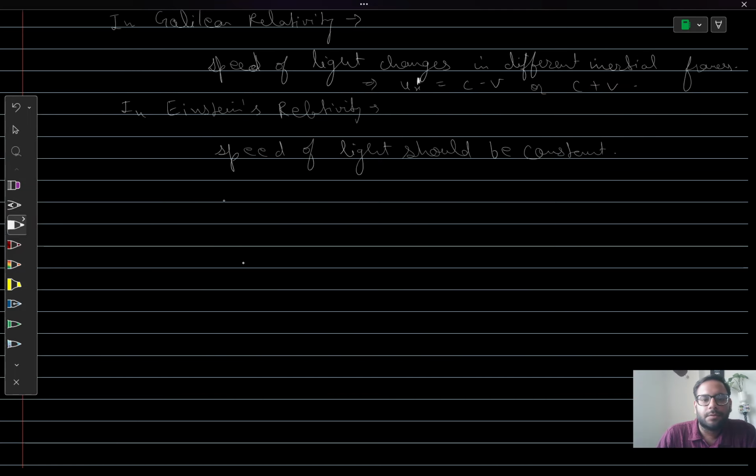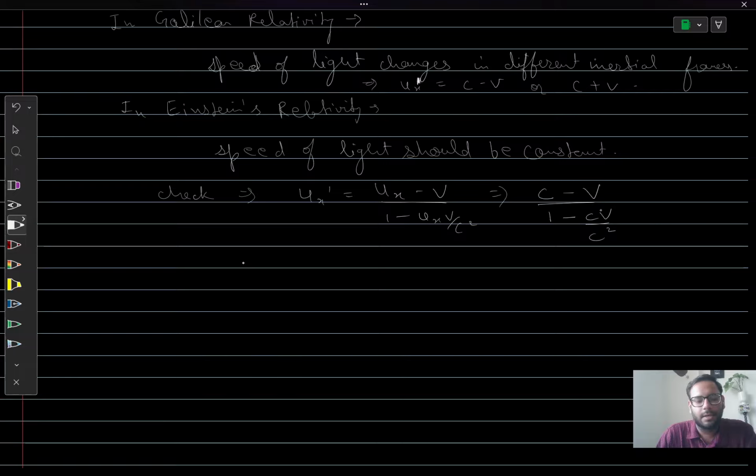Okay, so let's check from the Lorentz transformations. We have this (u_x minus v) over (1 minus u_x v by c squared). Let's take u_x as c, so this is c minus v over 1 minus c v by c squared.